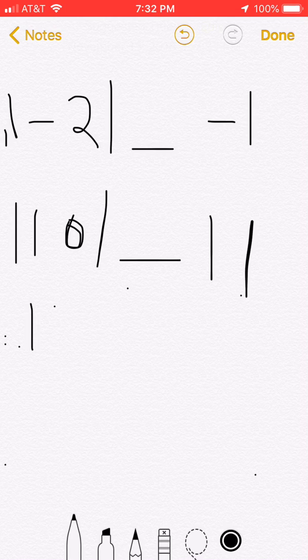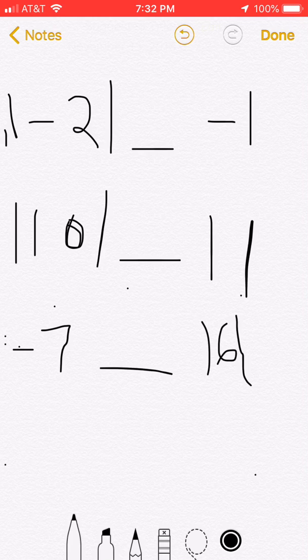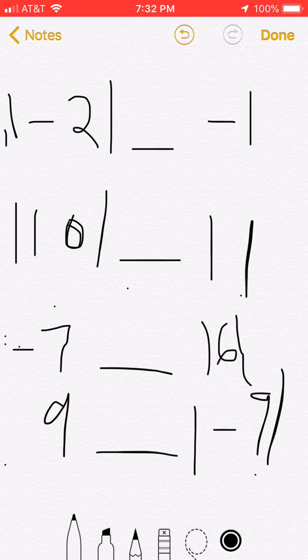Absolute value, no absolute value. -7 or the absolute value of 6. And finally, we have 9 or the absolute value of -9. Also, you can use equal signs if there is an equal sign. So, pause the video here to solve them.